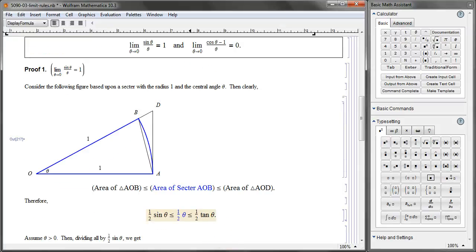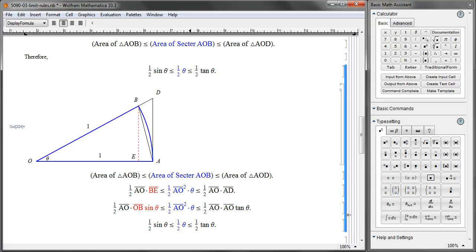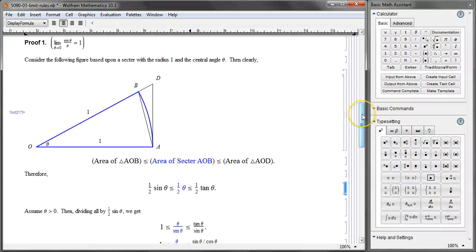Height is tangent of theta. So we have this relation. By the way, if you're interested in the derivation, here is further relation. You can deduce the area formula using the height BE, using OB sine of theta. But if you know the area formula of SAS, then you can go directly with this one.